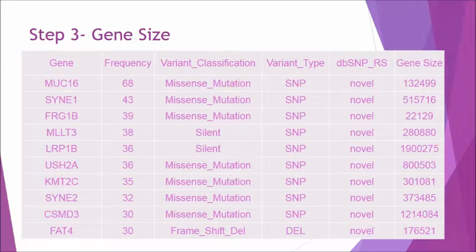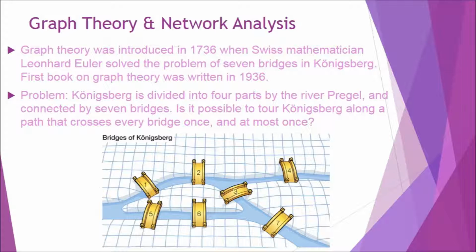When mutations are occurring, there's a higher chance it will hit larger genes. And so since we don't want these mutations that are occurring by chance, I wanted to eliminate the very large genes that we had. So I looked at their gene sizes, and the ones that were very large, I specifically noted them down, because that could also be a cause of them having a lot of mutations.